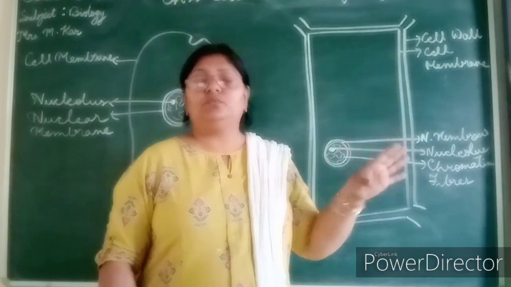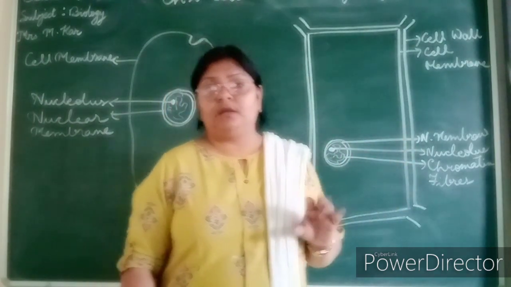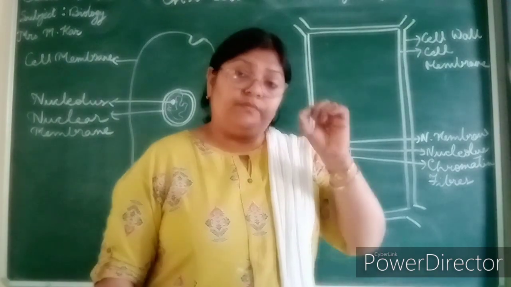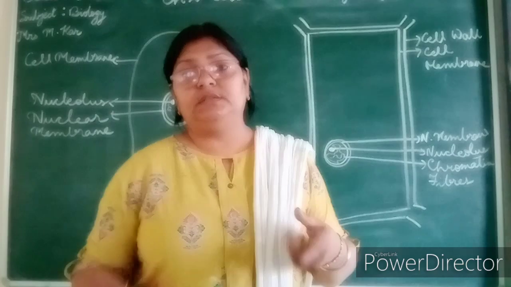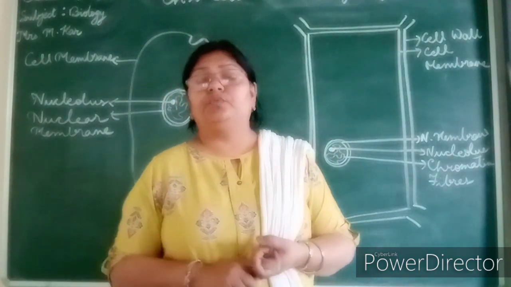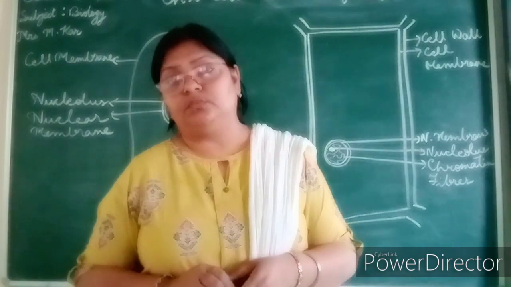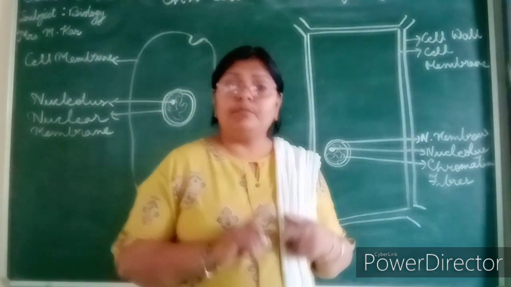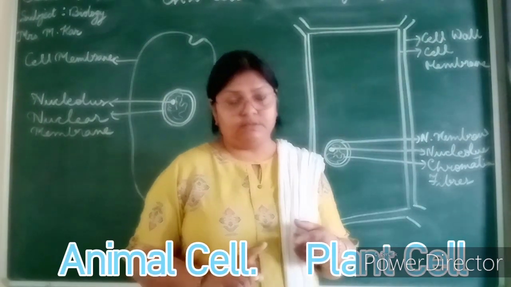So the number of chromosomes is fixed for every organism. Fine. The number of chromosomes for a human being is 46. It is in pairs, 23 pairs and total 46 chromosomes. But the number of chromosomes actually does not decide the organism.